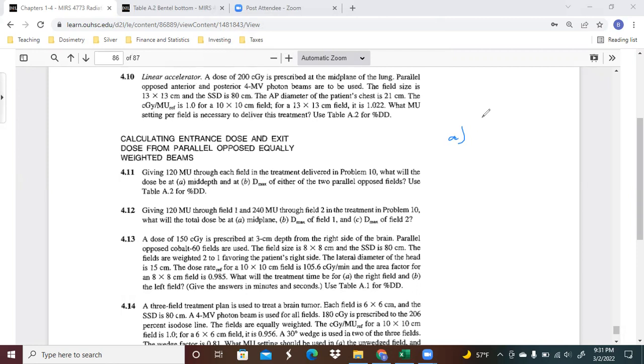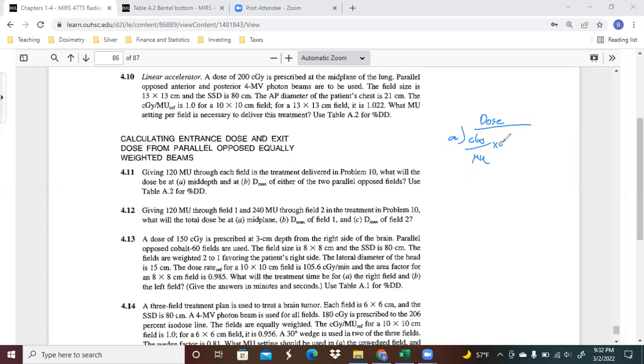Now, if you'll remember the equation, we're going to have dose delivered to whatever point we're looking at, and then we're going to have our rate. So we're going to have the centigrade per minute, or in this particular case, since we're dealing with an accelerator, this is the centigrade per monitor unit, basically the calibration factor.